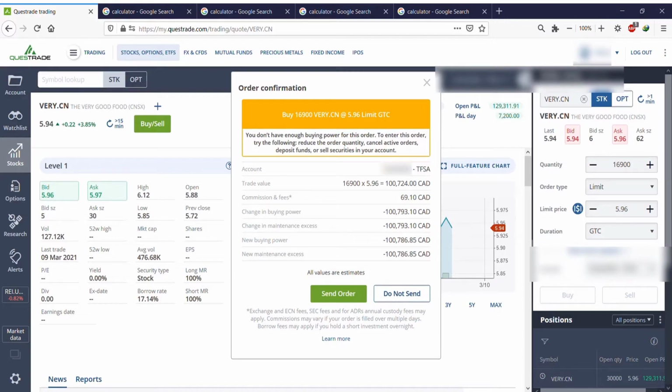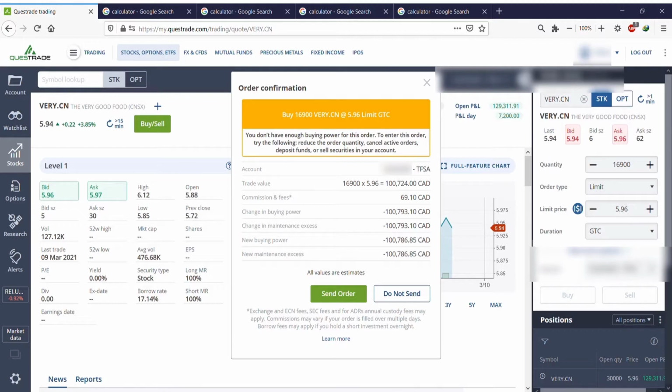So here in this page, of course, as I said, the color yellow, or orange, or whatever you want to name it, shows that there's a problem in the operation. So you have to solve the problem before being able to successfully do the operation. So in this case, the problem is lack of money. I don't have 100,000, so that's why it shows this dialog box.